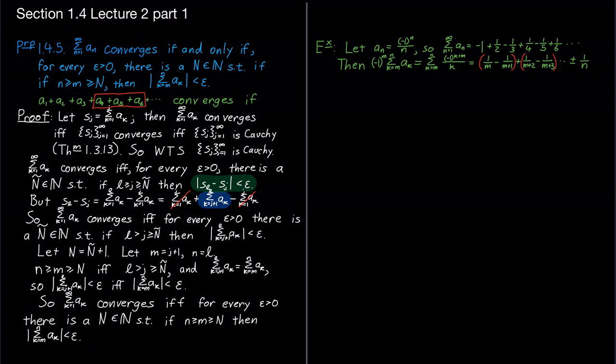So this thing, if you look at each pair, is clearly positive because 1 over m plus 1 is less than 1 over m, and the 1 over n left over at the end is either not left over at all or it's positive. So this thing is positive.